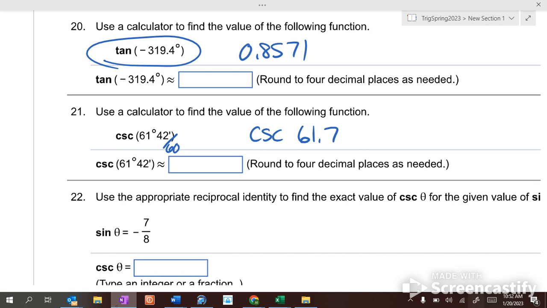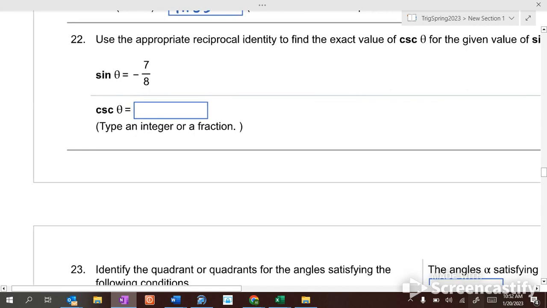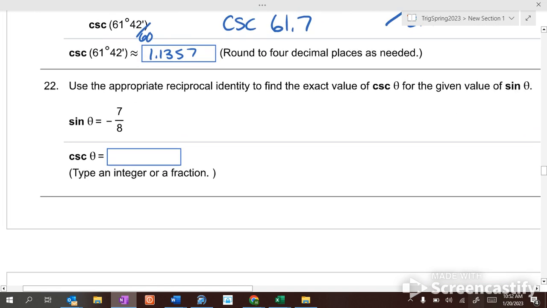So this is 1 divided by the sine of 61.7. So take 1 divided by the sine of 61.7. And what do you get? 1.1357.